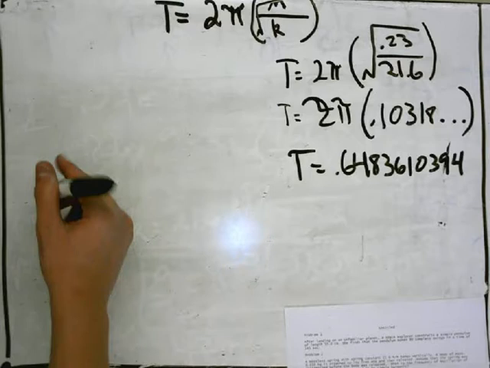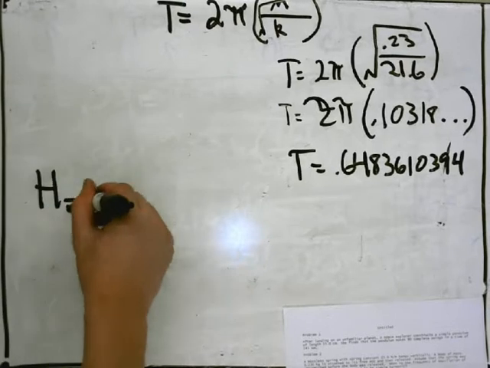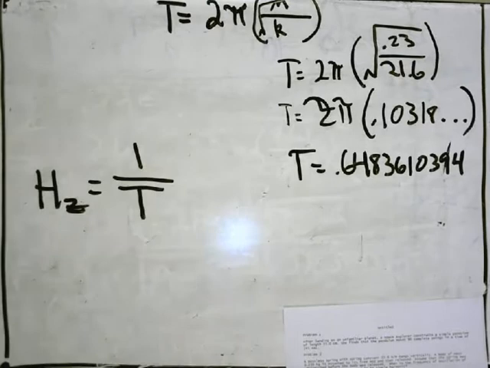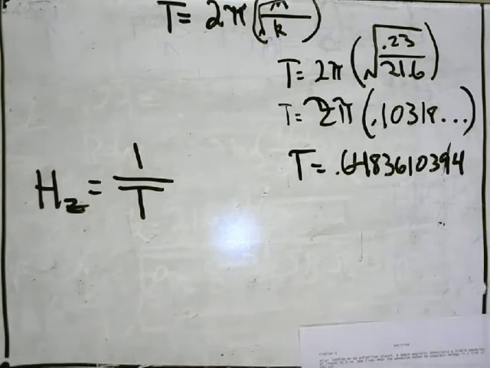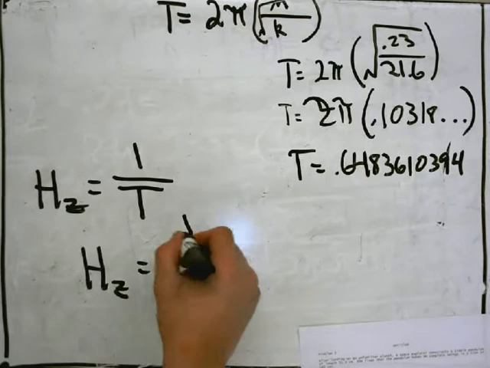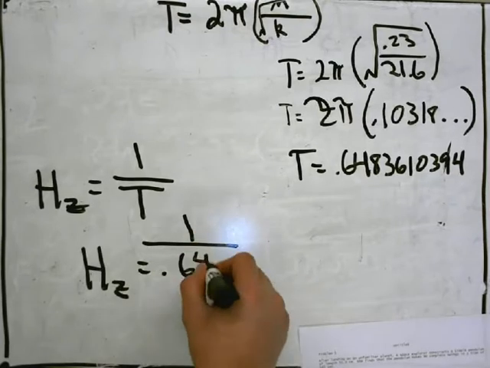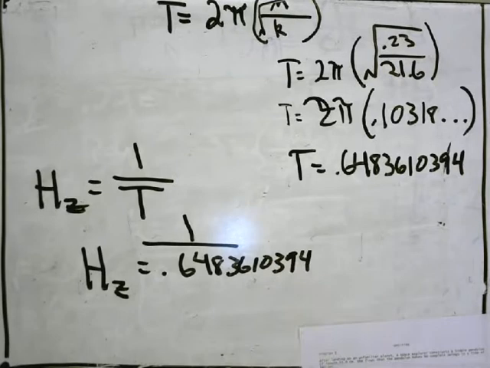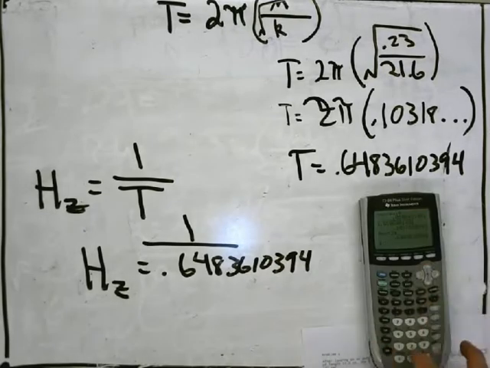So, we know our frequency in hertz is going to be equal to 1 over 0.64836100394. So let's go ahead and divide 1 by that, and we get that our frequency is going to be 1.542350541. And so that is how you would solve that problem.